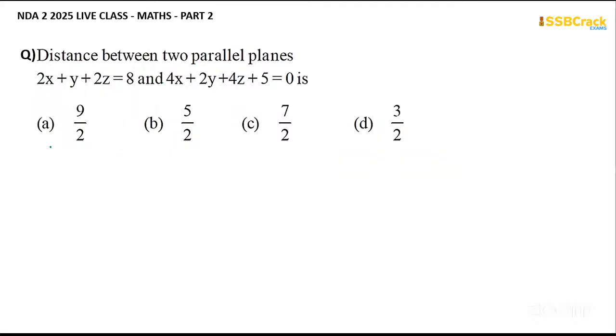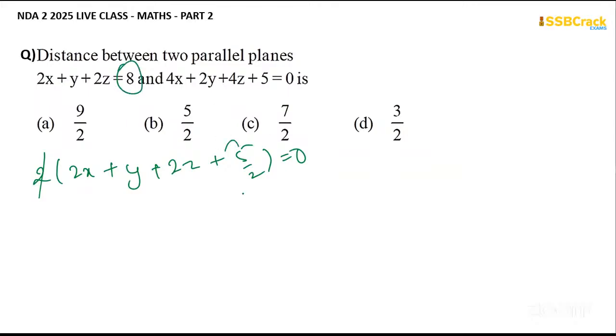I can write the second one as 2 times (2x plus y plus 2z plus 5 by 2) is equal to 0. If I divide by 2, it is simply that, so we need not worry about other things. Here it is 8, there it is 5 by 2, which is of minus. Okay, in the absolute, we wait.